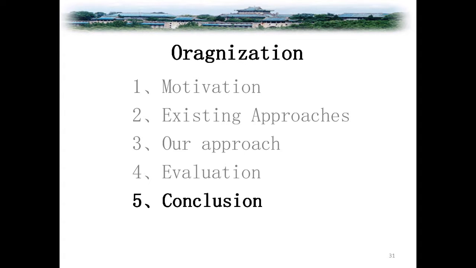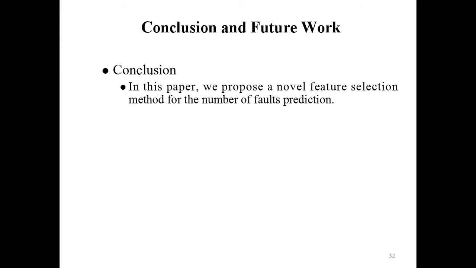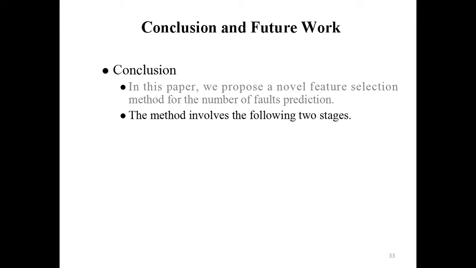At the last, we talk about the conclusion. In this paper, we propose a novel feature selection method for the number of faults prediction. The method involves the following two stages. In the first stage, we employ a feature spectral clustering method to cluster the original features.